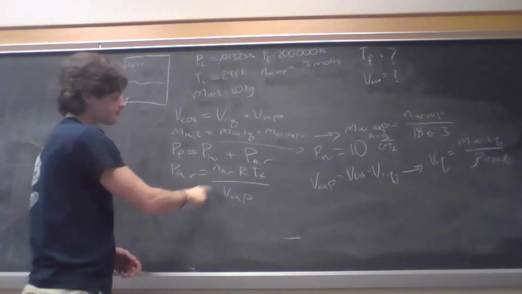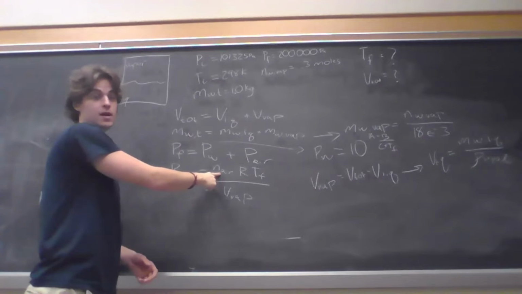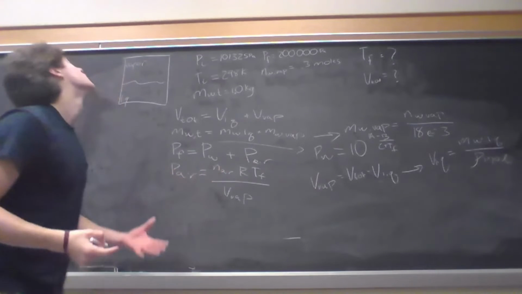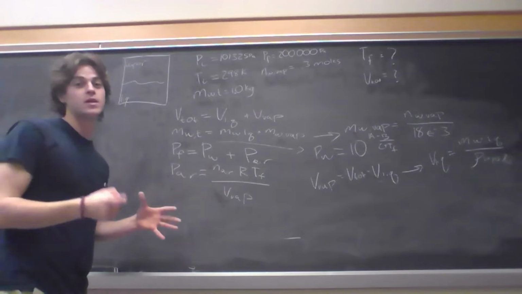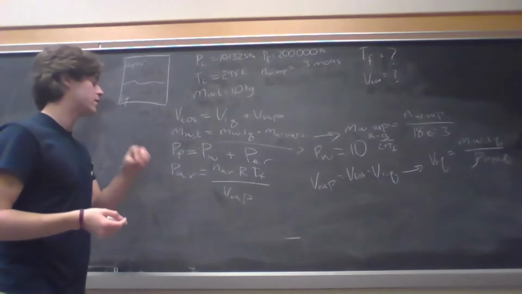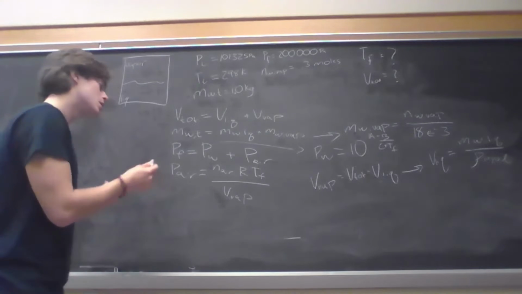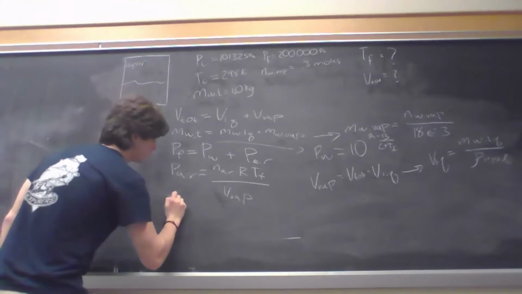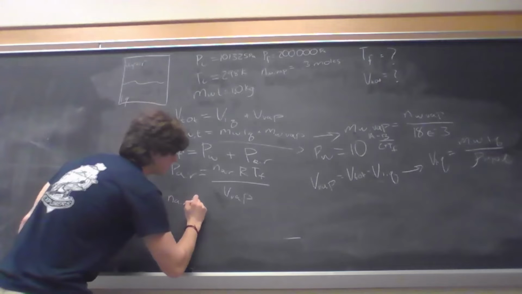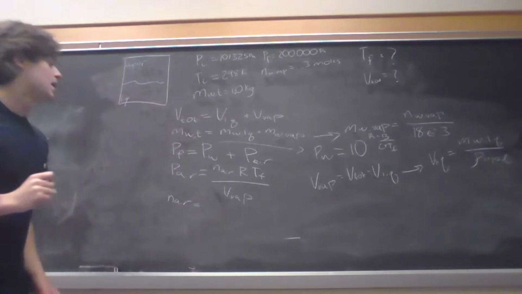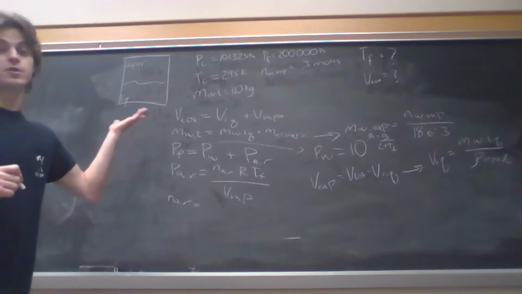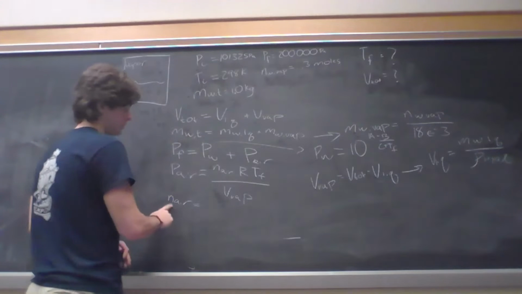Now we need to find how to calculate moles of air. So we kind of need to think about it. At the beginning, we had our moles of air in the container, and it was set when we closed the container. So to find the moles of air, we're going to use the ideal gas law again. And this time we're going to use the initial conditions to calculate it.